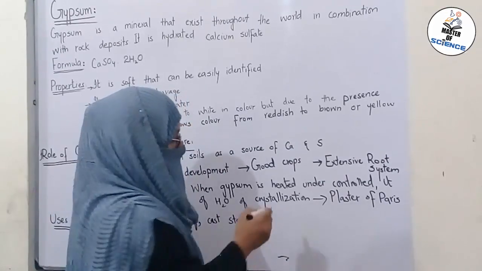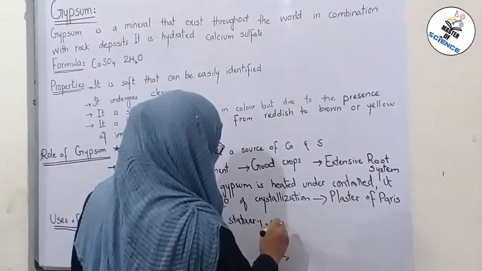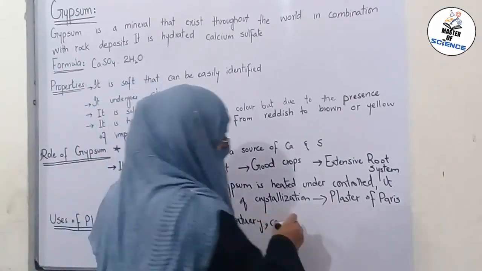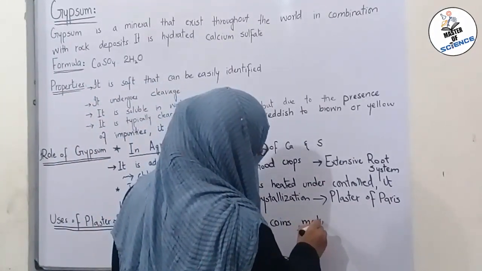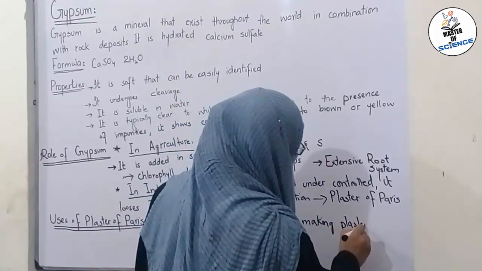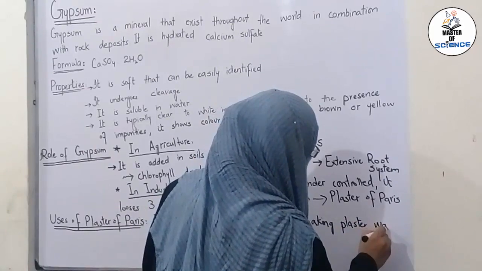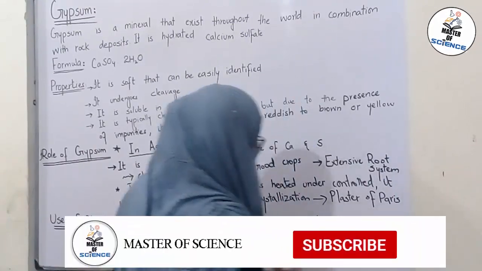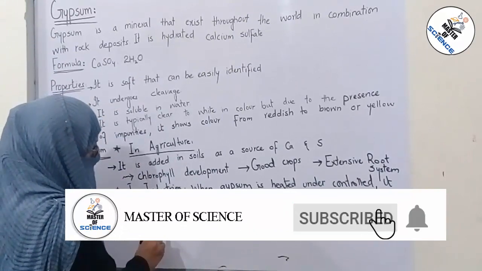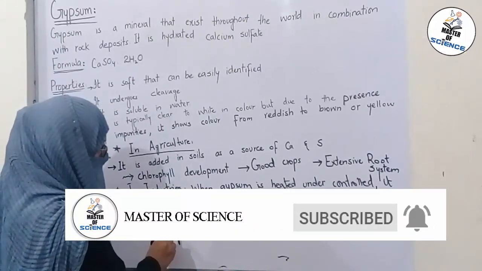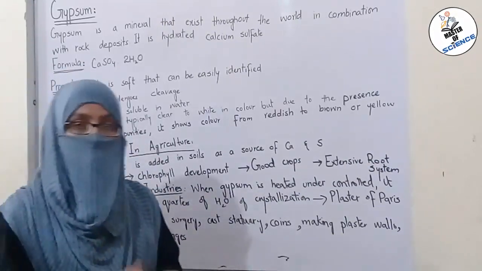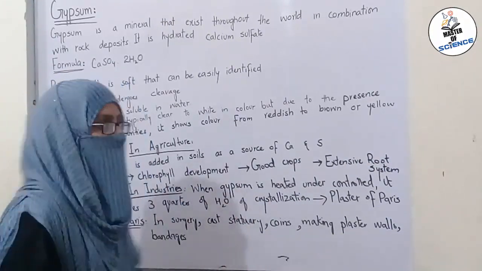Third point is in making coins. Fourth point is making plaster walls. Plaster walls are also prepared. And last point is plaster of Paris bandages are also available. These bandages are used for fractured bones to set them in place.